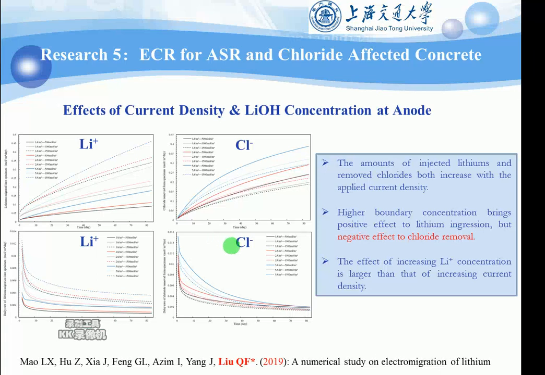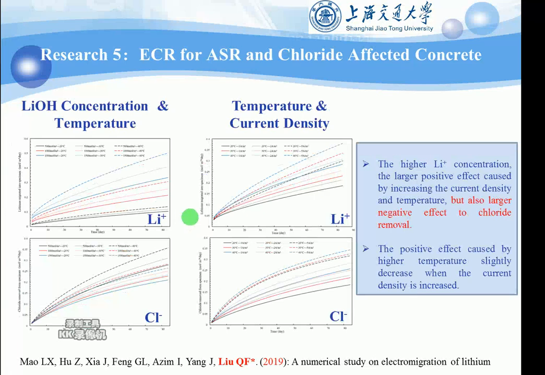Also, the effect of increasing lithium concentration is larger than that of increasing the current density. But this doesn't mean that the process is dominated by diffusion, just because the external applied electric field can play a better role when more lithium is provided.